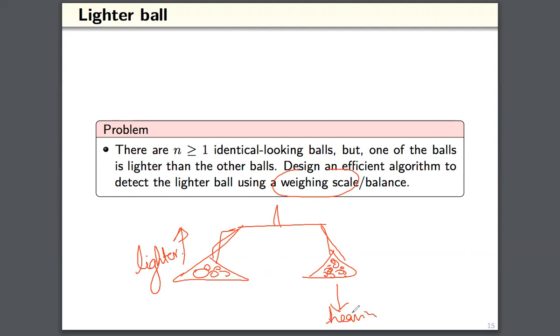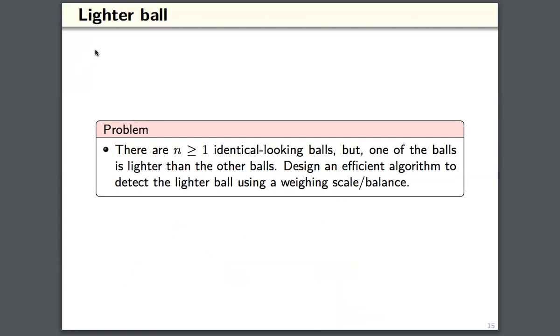But there is no heavier ball, right? So this means this has the lighter. Does this make sense? Assuming that you are placing equal number of balls. Okay, so you want to design an efficient algorithm to detect the lighter ball, the index of that, right?